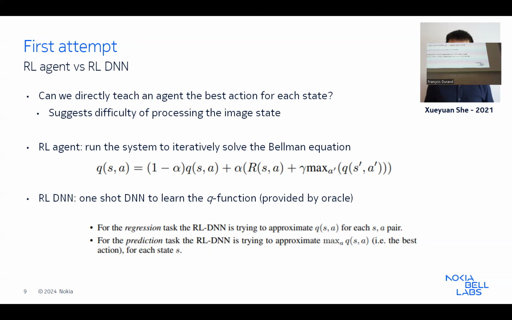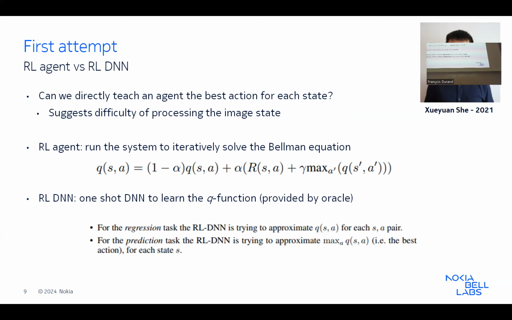So in short, we basically did 2 things. The first was we ran the RL agents as normal. We just ran the system to iteratively solve the Bellman equation as most RL algorithms fundamentally are trying to do. But we also just had a one-shot deep neural network where we were literally just trying to learn the Q function provided by the oracle. And we had 2 notions of this.